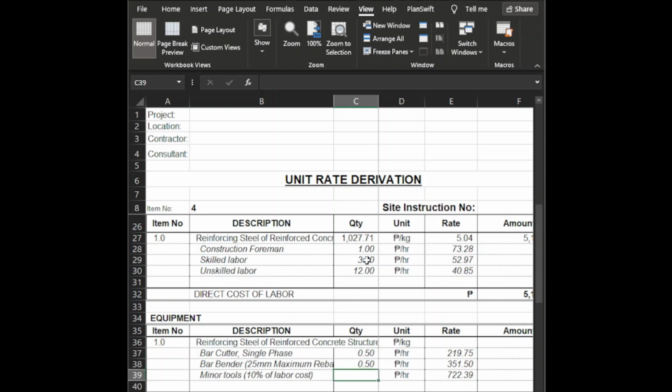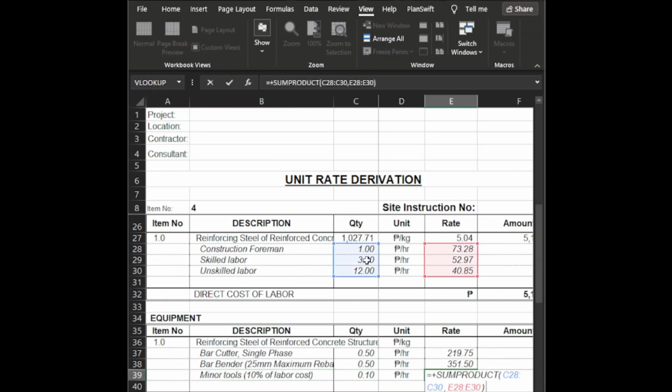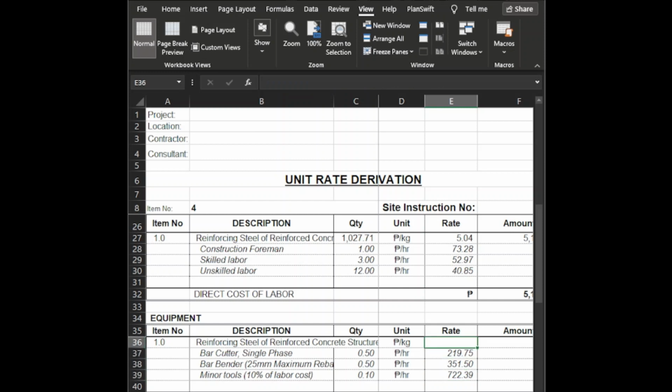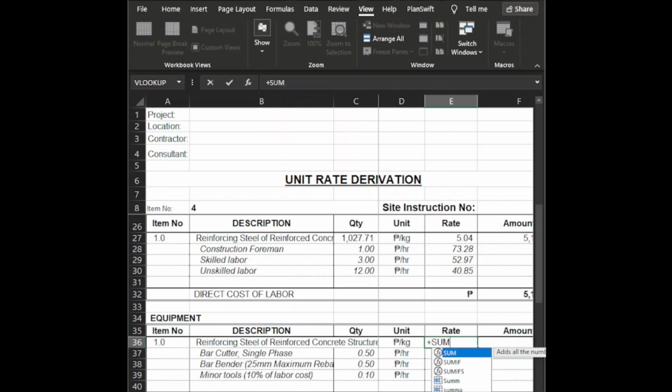Okay guys, so this one is 0.1, 10% of labor cost. So this is already the formula. This one, sum product of this. So this is the rate. Okay, sum product again to get the peso per kilogram of equipment.